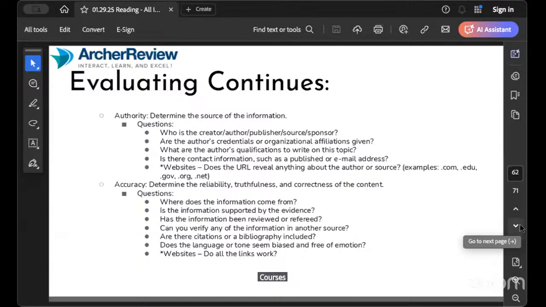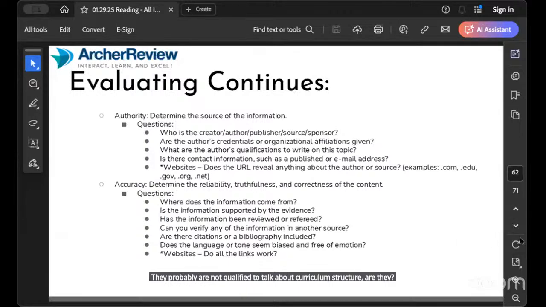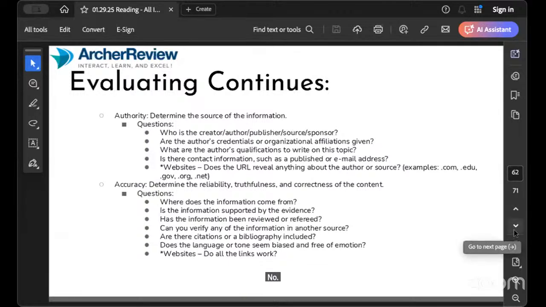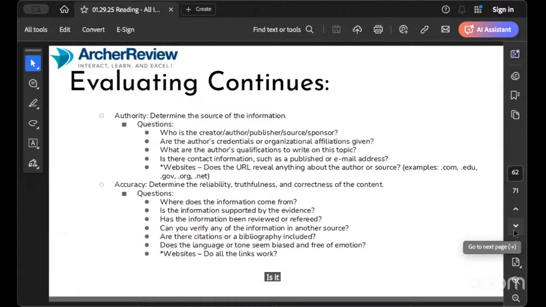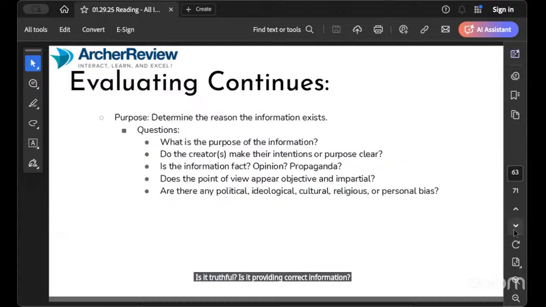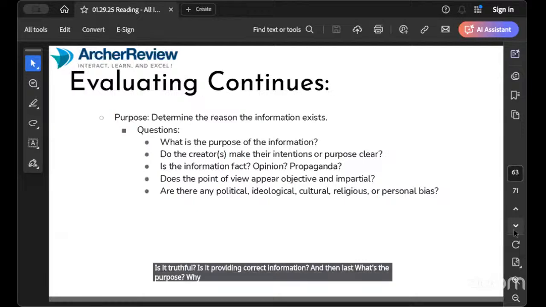But if they have a PhD in chicken anatomy, they probably are not qualified to talk about curriculum structure, are they? No. Okay, so accuracy is another one. This is where you need to think about, is the source reliable? Is it truthful? Is it providing correct information? And then last, what's the purpose? Why was this source written?